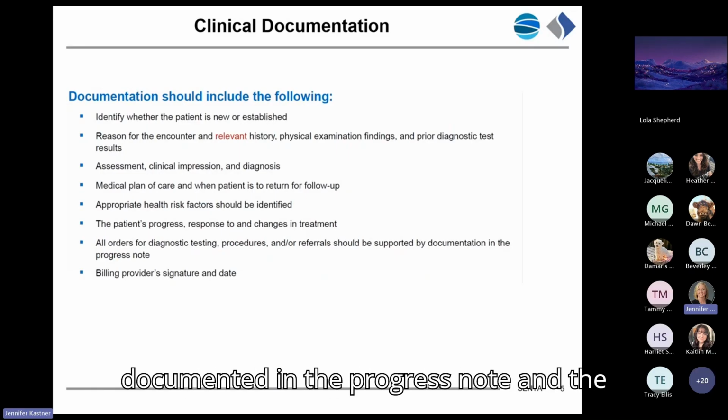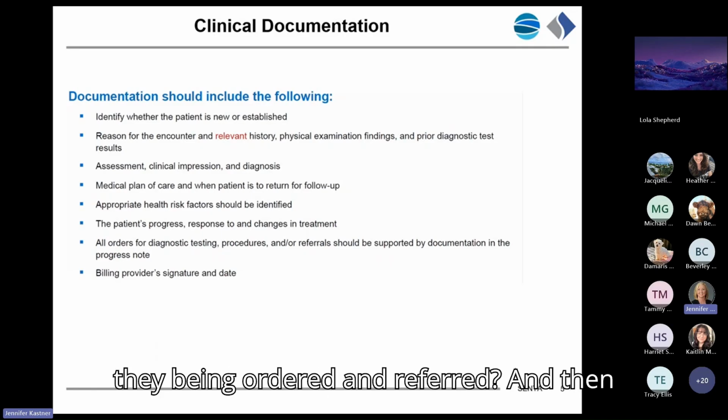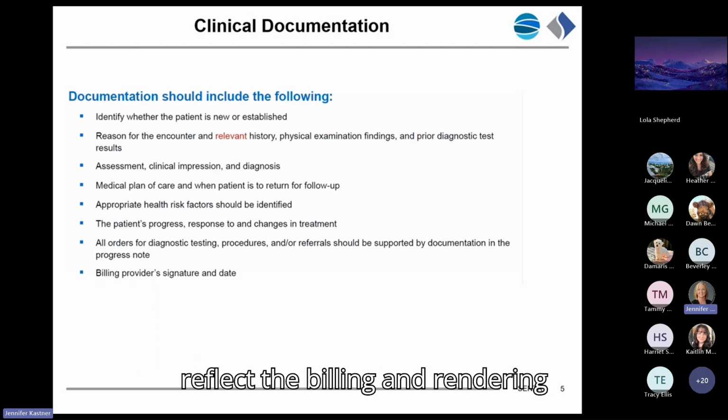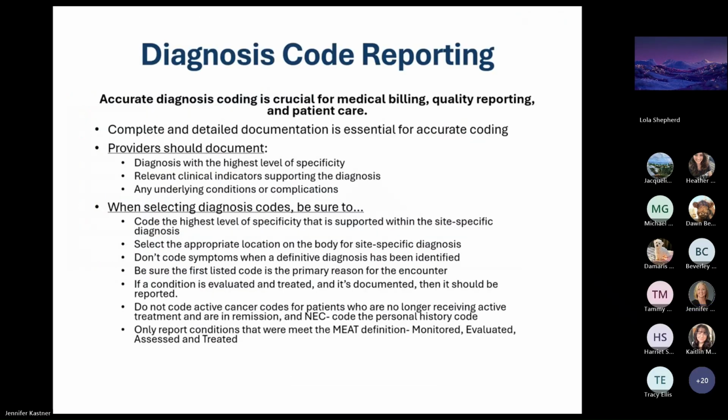They should all be well documented in the progress note and the medical necessity for them. So why are they being ordered and referred? And then finally, to conclude the note, it should reflect the billing and rendering provider signature and the date of signature.